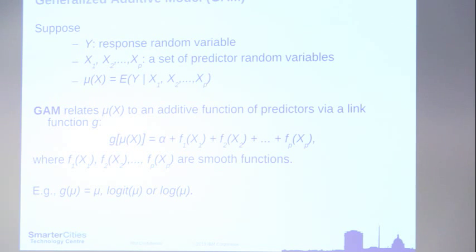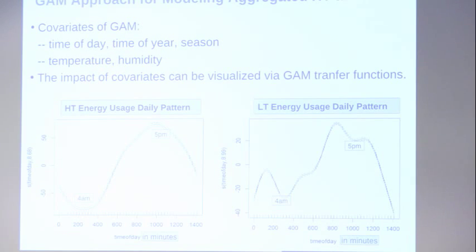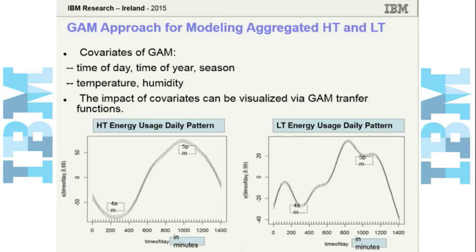You could identify all the factors and patterns, and how they influence your energy usage. So, okay. The covariates we used to model the HT-LT are time of the day, time of the year, and seasons. These are the calendar factors, and also temperature and humidity.